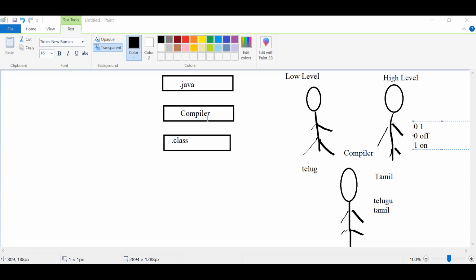So Java has this compiler. What do you call this compiler? Java compiler only. If C programming has this compiler, what do you call that compiler?